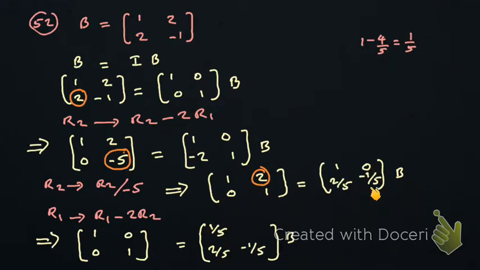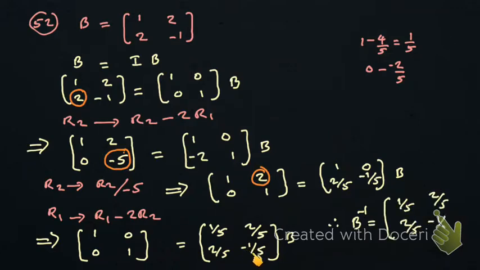And then 0 minus twice of 2 by 5. 0 minus twice of this element. 0 minus 2 by 5. So that would be plus 2 by 5. I think I copied it wrong here. This element is now supposed to be 0 minus 2 by 5, which is actually 2 by 5.